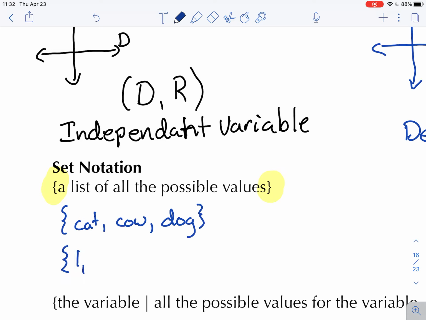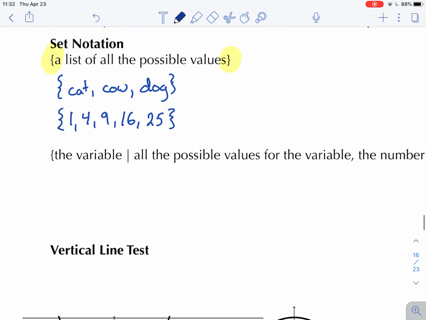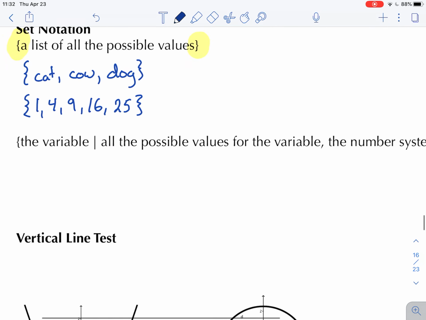A set of animals with 3 letters in there. Here's another set: 1, 4, 9, 16, 25. This is the set of all the perfect squared numbers less than 30 and greater than 0. So these are just sets where a set is just a list of values.